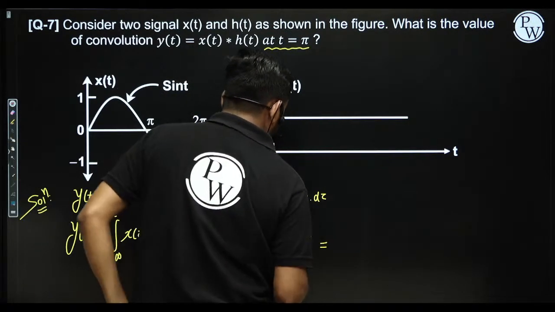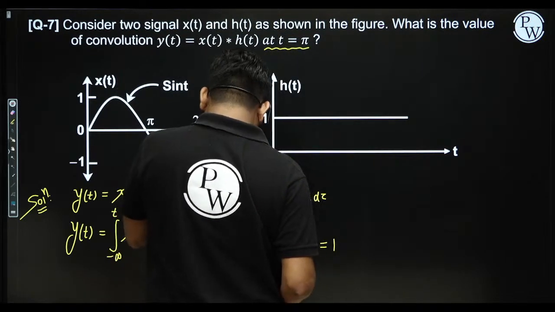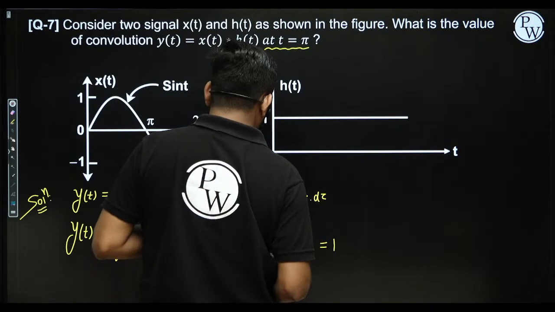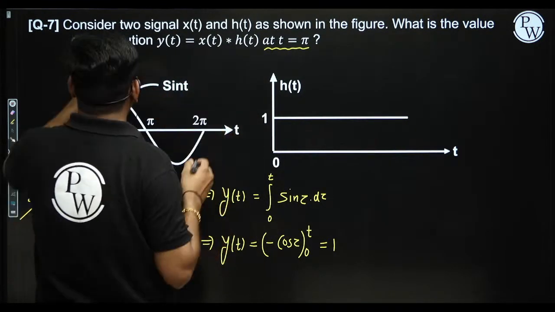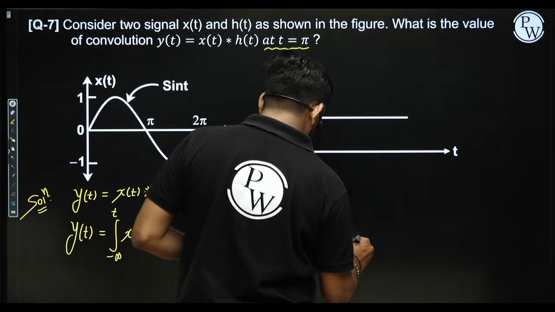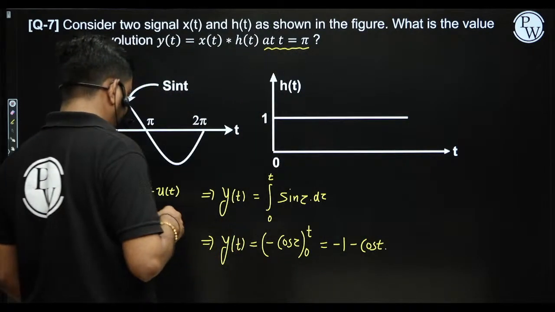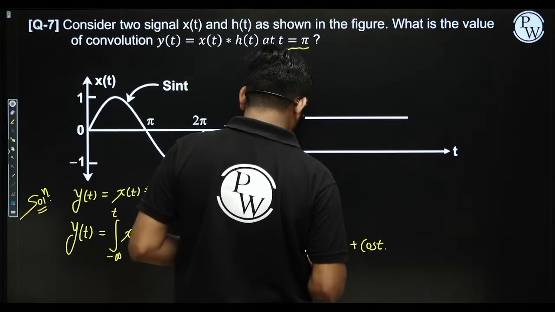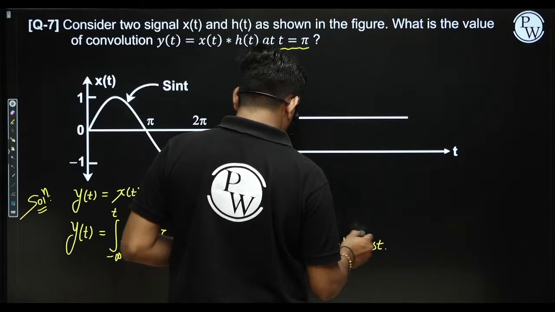So it will be minus cos tau from 0 to t. Okay, wait, minus cos tau, so it is minus 1... sorry, plus cos t.